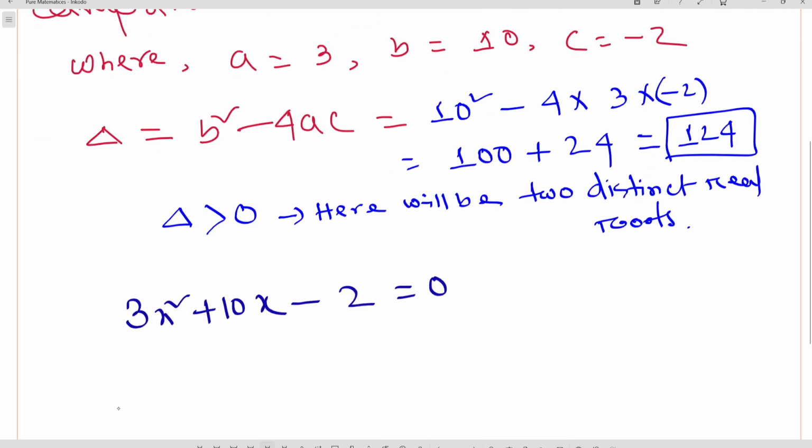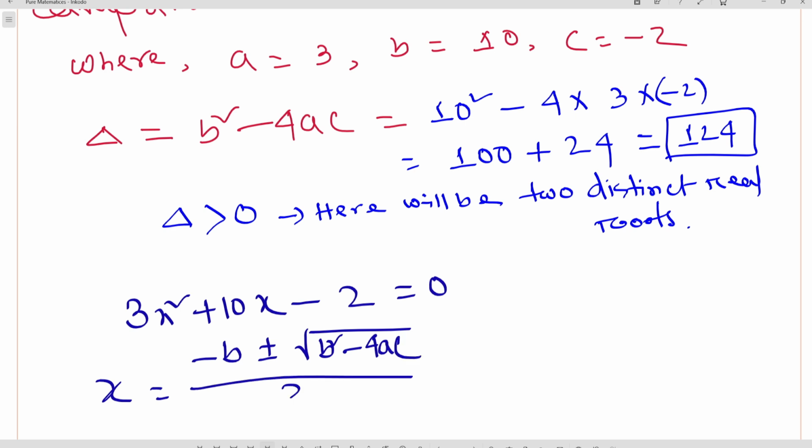So first, x equals, we know, (-b ± √(b² - 4ac)) / 2a. So let's say b means 10, so it means -10.